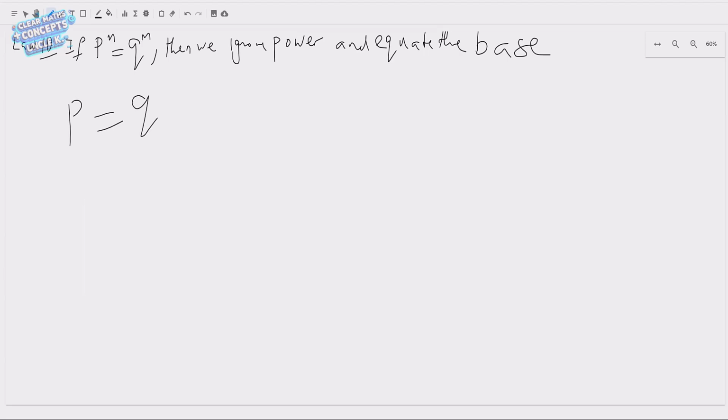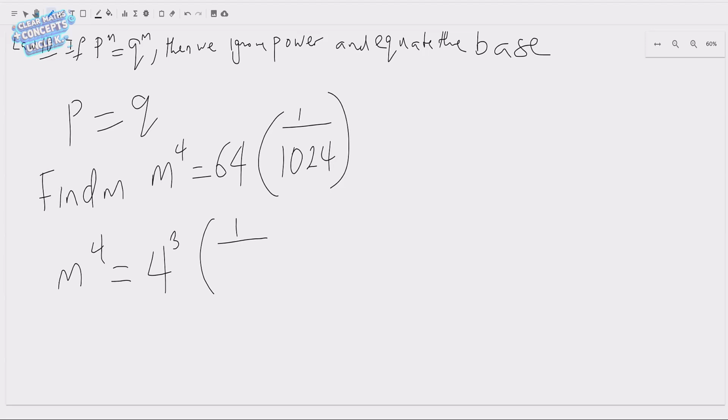So the first one says solve for M. You are looking for M. You are given that M to the power 4 equals 1 over 1024. 1024 is 4 raised to the power of 5. So that's what we're writing.